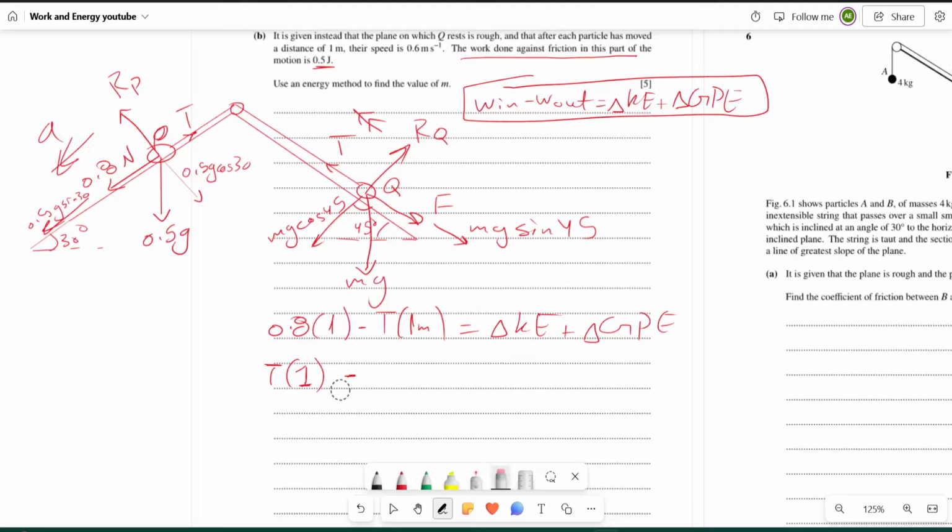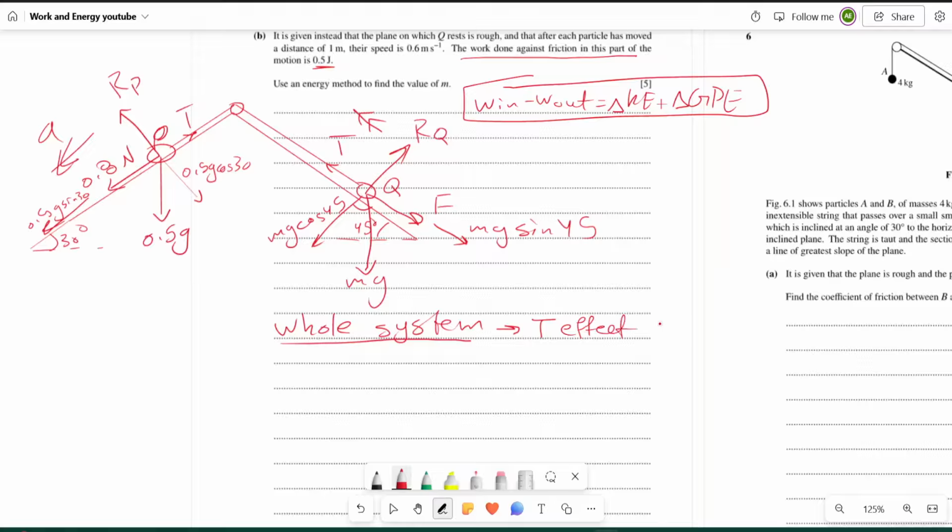Let me show you another way. Instead of taking each particle alone as an individual system and getting an equation for both systems, we're going to take both particles as one system. What's the advantage of this? Whenever you take the whole system, or both particles as one system, you don't need to include the tension effect.